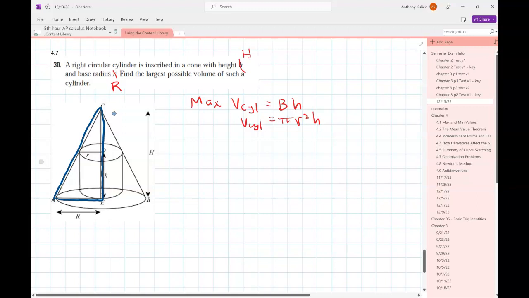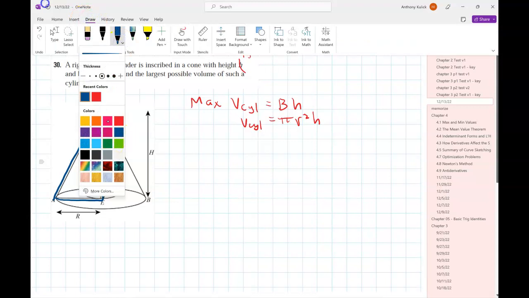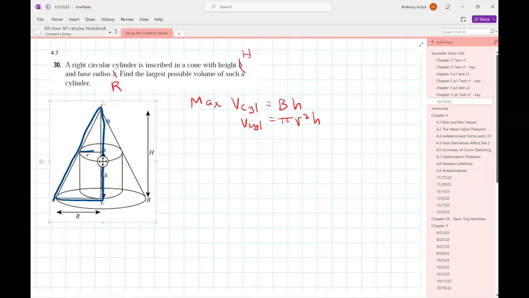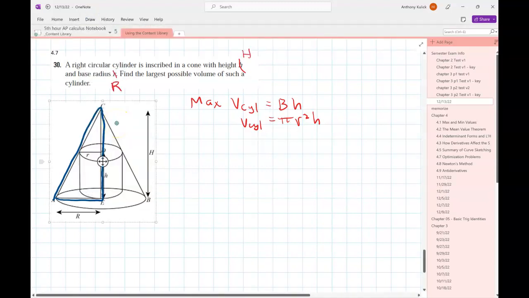I notice that I have one right triangle here that involves cap R and cap H. And then I have a similar right triangle, oh, I picked a different color there, you goober. I have a right triangle similar to it here that involves little r and this segment CD.